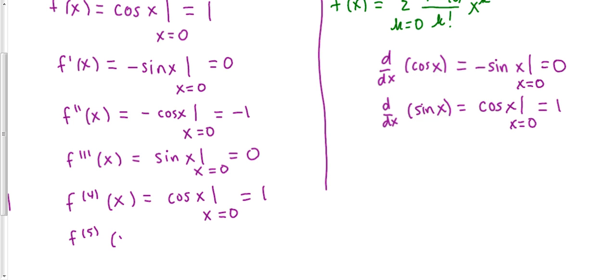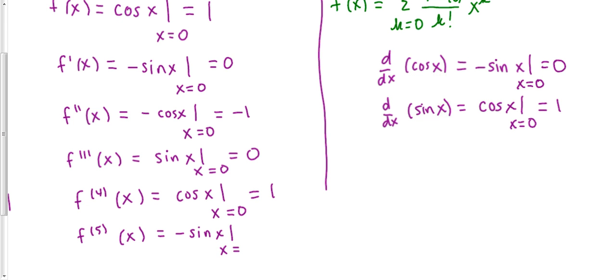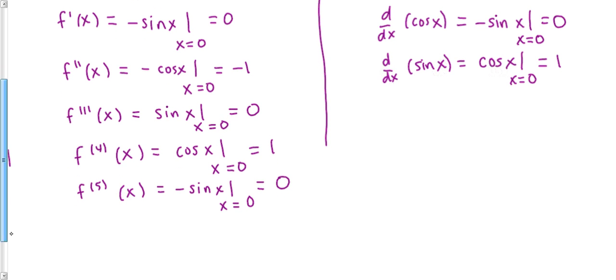The fifth derivative is going to be negative sine x. We're going to evaluate that at x equals 0, and that's going to give us 0. And finally, our last derivative is going to be negative cosine x. We're going to evaluate that at x equals 0 and get negative 1. And that completes our pattern of alternating signs.